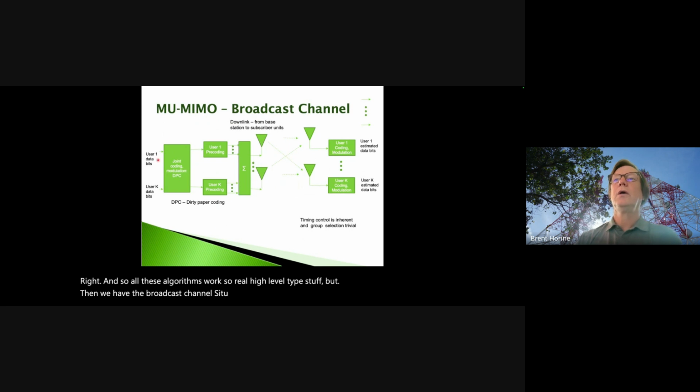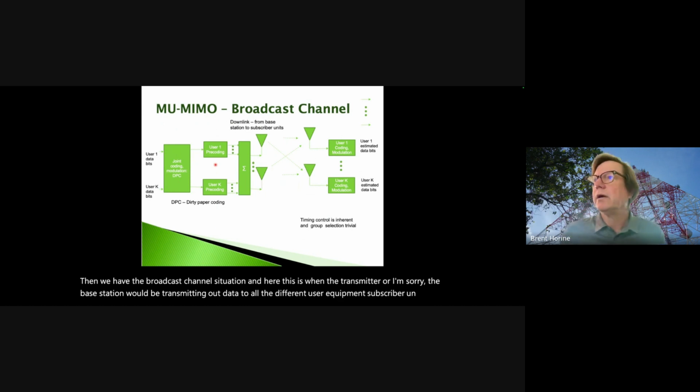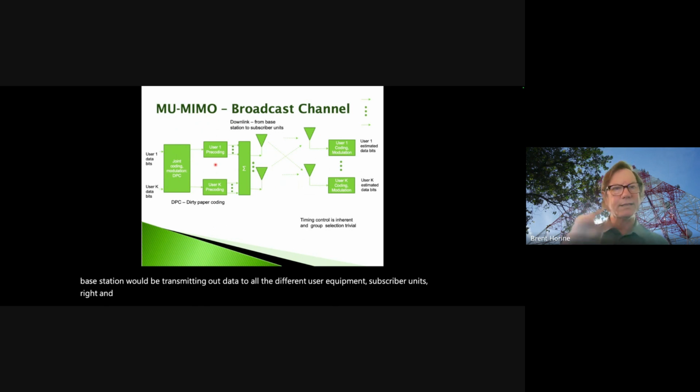And here, this is when the transmitter, or I'm sorry, the base station would be transmitting out data to all the different user equipment subscriber units, right? And now that's what we call the downlink process, right? So we're transmitting from the base station to the subscriber units.